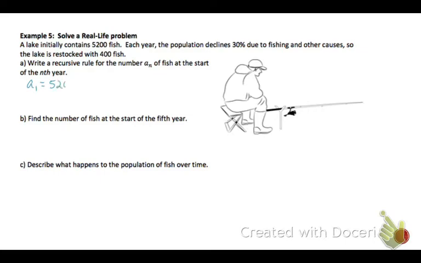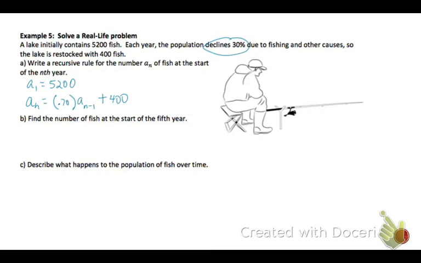So a sub n will equal that beginning amount, the first year will be beginning amount, and then each year the population declines by 30%, so what's left is 70%. So that will be our multiplier, 0.7, times the term before, the year before, plus the 400. And then our first term will be 5,200.